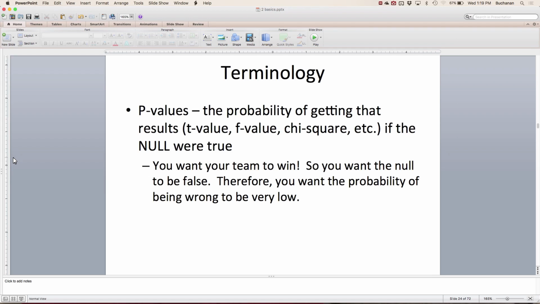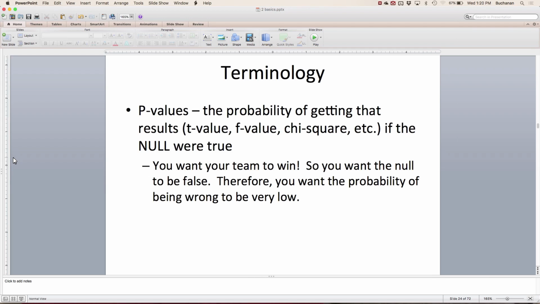So we want the null to be false, so we want these probabilities to be very small. So industry standard is 5%. So if you've seen p less than 0.05, we've decided that's the magic number that we like. Somebody did. A dude did somewhere along the line.